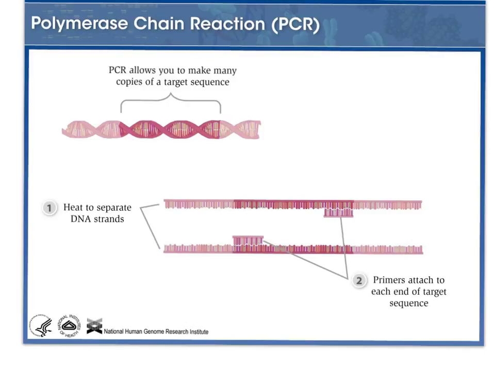Now, one of the beginning steps is that this double-stranded DNA, you can actually get it to separate by heating the DNA. And the strands separate into separate strands. And then from each strand, you can make a complement to it, just like our cells do during replication.